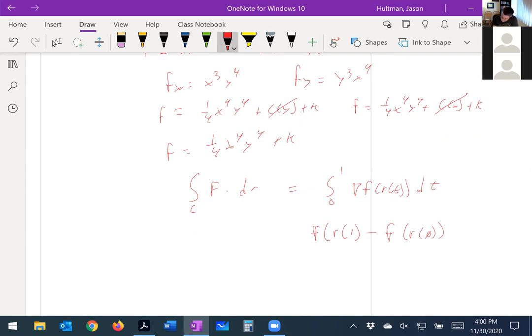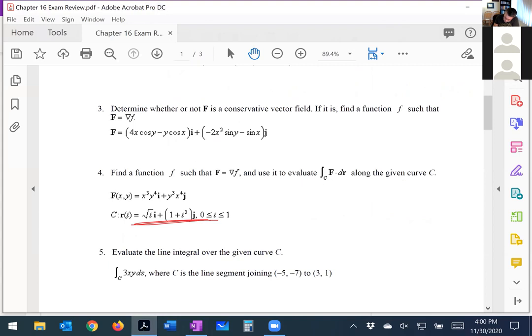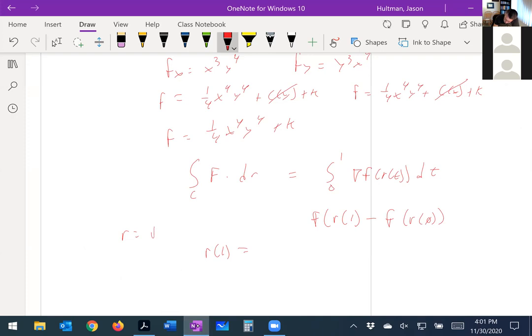Well, what is f of r of 1? We've got to find out what r of 1 is. What was r? R was equal to some sort of cube roots and square roots: the square root of t i plus 1 plus t cubed j, from 0 to 1.